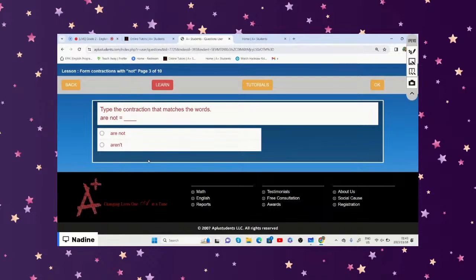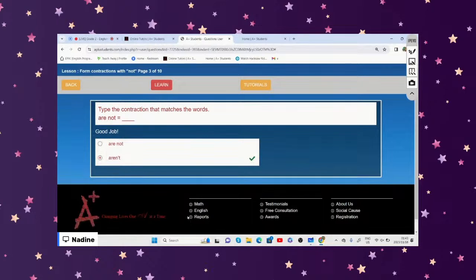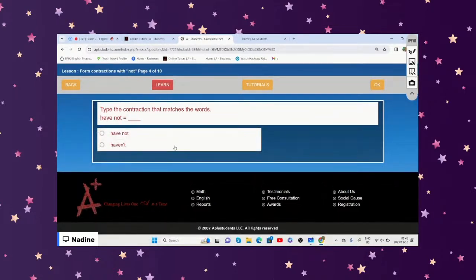All right, so if we select the contraction, then it will be aren't, right? Are not, aren't. And that is our contraction of the words are and not.